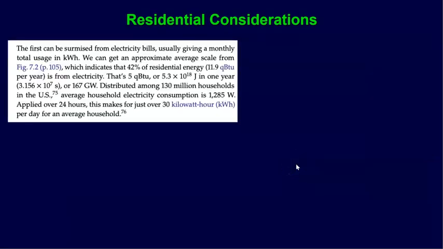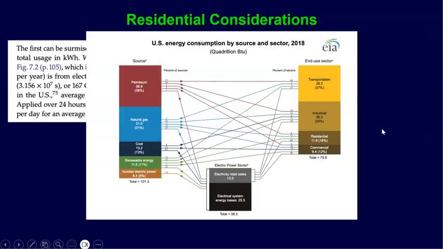Let's go through and try to add up some numbers for what we would need to do individually for this sort of thing. So here we go back to this chart we saw earlier. It says that for our residential use, we're using about 11.9 quads, Q BTUs, and about 40% of this comes from electricity retail.